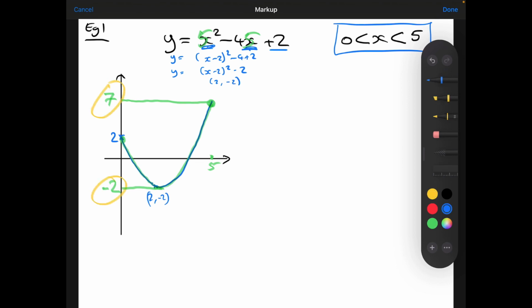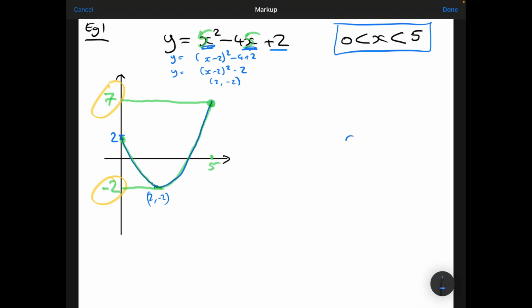minus 2 and 7. So I can now say that the range of my function f of x is going to be less than 7 and greater than minus 2. Now, it can equal minus 2, so I am going to put a line underneath there. I know it can equal minus 2 because that happens when x is 2 and x is allowed to be equal to 2.